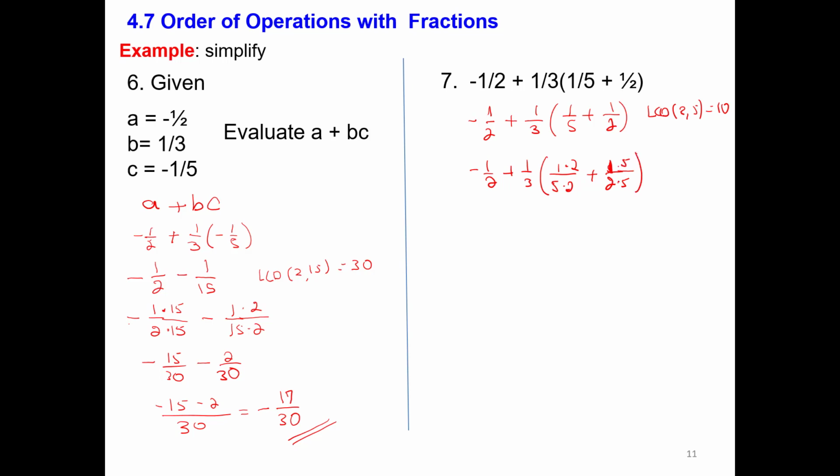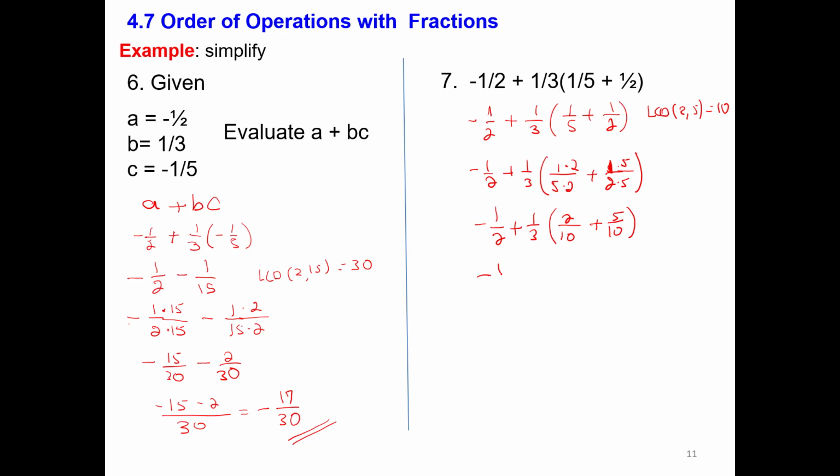Let's multiply the numbers inside the parentheses. 1 times 2 is 2, 5 times 2 is 10, 1 times 5 is 5, 2 times 5 is 10. Now we have a common denominator, and let's solve the parentheses.